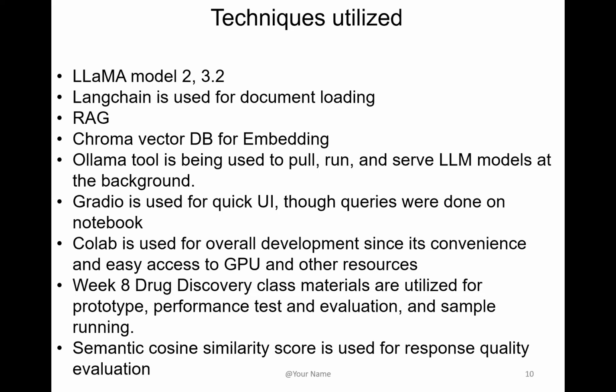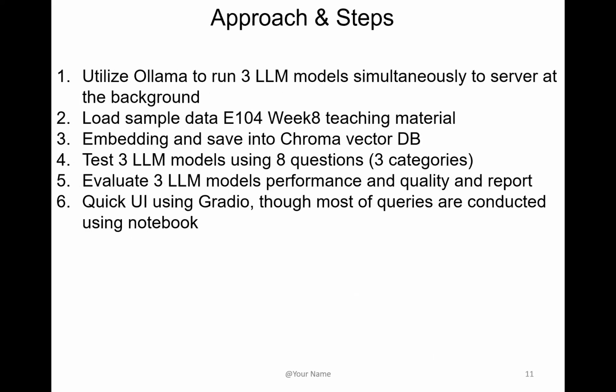To compare the response quality, we can use semantic cosine similarity. We define functions to calculate the cosine similarity between the model's answer and the standard answer. The overall approach and steps: we first install Ollama and start the large language models in the background, then we upload the sample data and do the embedding.